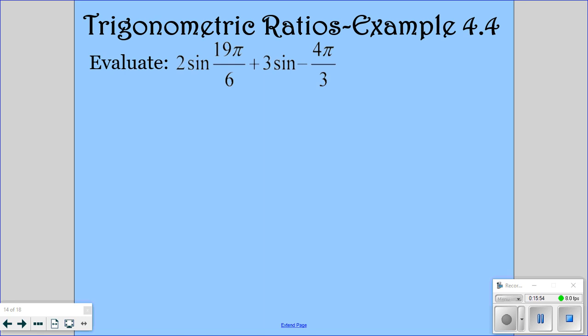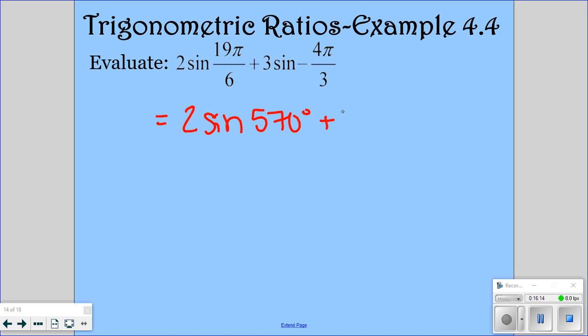So if you convert it, (19 pi over 6) is the same thing as 570 degrees. And that's using the 180 over pi conversion ratio.